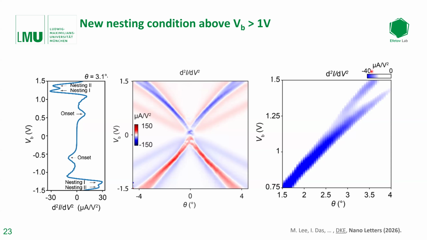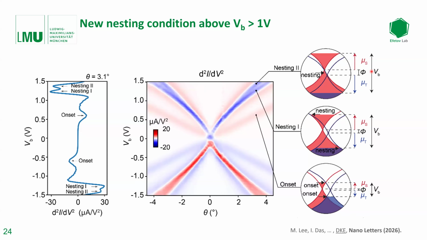And so we were scratching our heads a little bit about it, but basically we concluded that the most likely explanation is that maybe the perfect linearity of the Dirac cones that we assumed is not exact and maybe more of an approximation. And if you do this thought experiment by assuming a small nonlinearity in the spectrum, you would immediately find that naturally you get this type of splitting in the nesting condition. And this is shown here on the cartoon on the right-hand side.